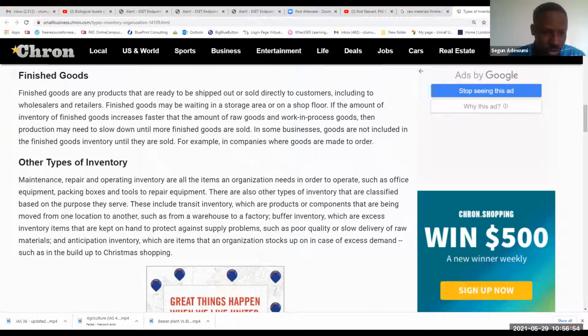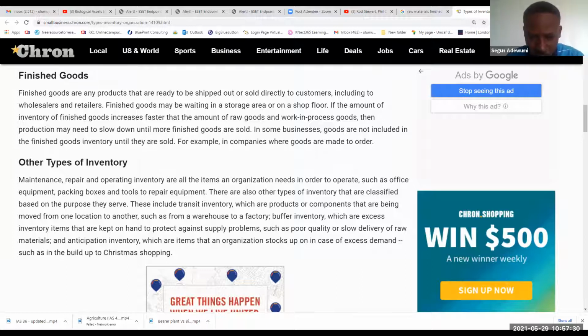Other types of inventory: maintenance, repair, and operating inventory are all the items an organization needs in order to operate, such as office equipment, packaging boxes, and tools to repair equipment. There are also other types of inventory that are classified based on the purpose they serve. These include transit inventory, which are products or components that are being moved from one location to another, such as from a warehouse to a factory.